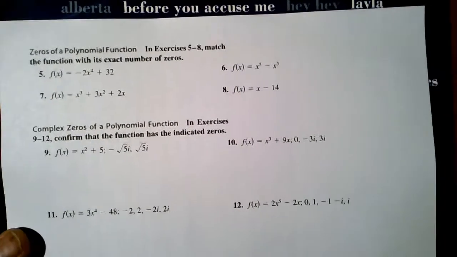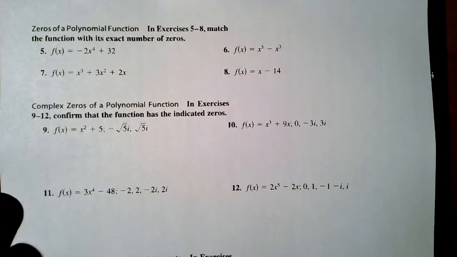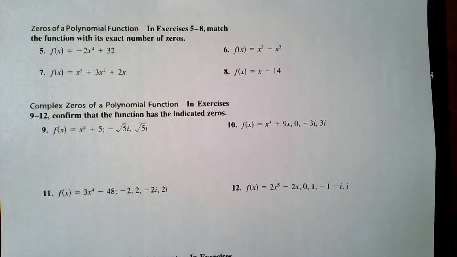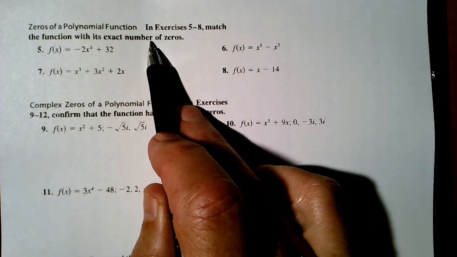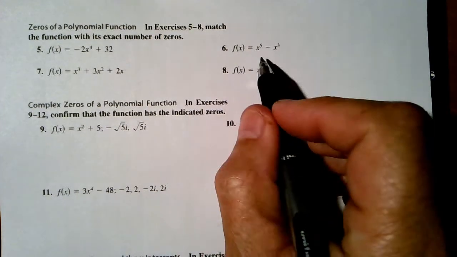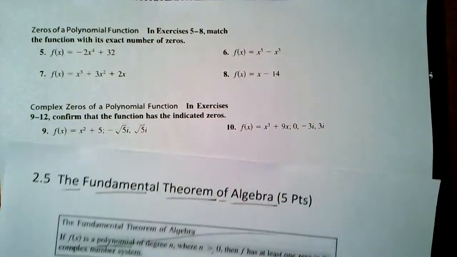So here we go. Now this is a matching, and I didn't feel the need to put what they're going to match with. So we're going to kind of treat this where it says match the function with the exact number of zeros. And understand, we're working in a section that's dealing with complex numbers. So they're just saying how many zeros would this polynomial have?